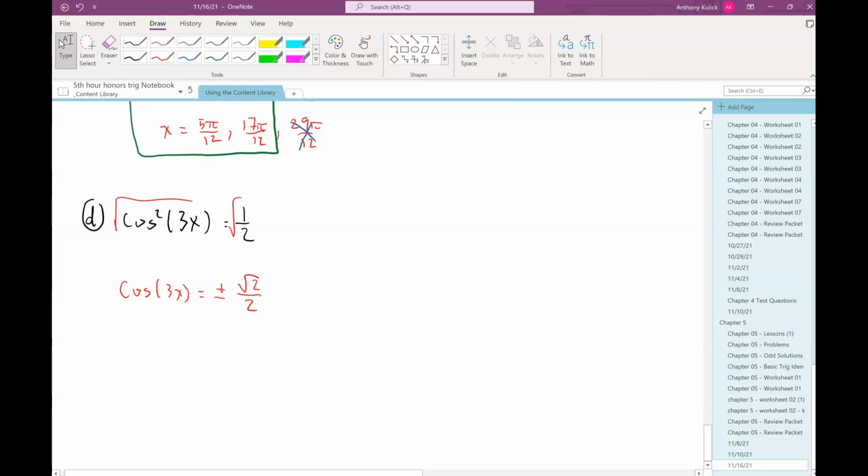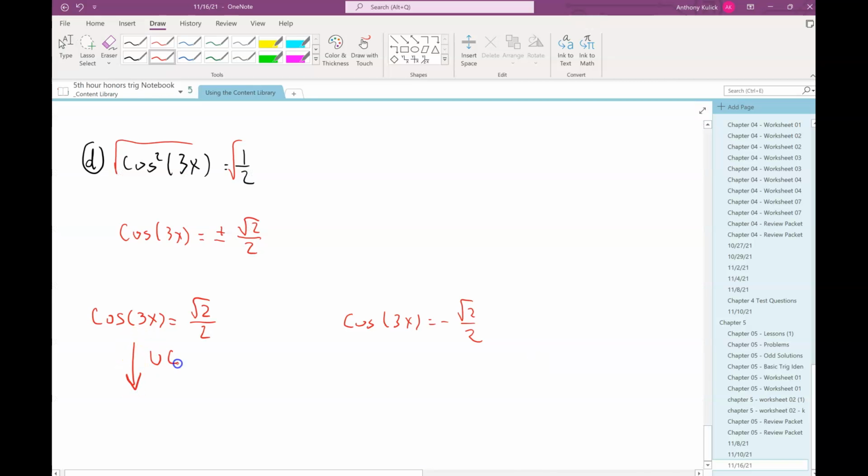Okay. Yep. So we'll split that into two equations. I have cosine 3x equals positive root 2 over 2, and cosine 3x equals negative root 2 over 2.